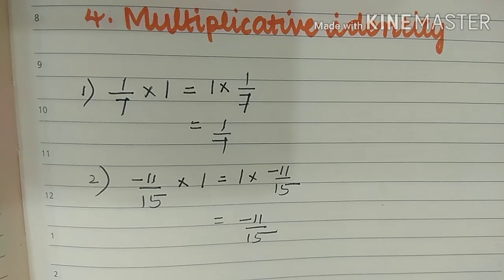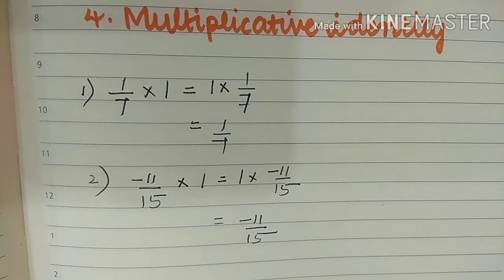In the first one, I have written 1 by 7 into 1, which is equal to 1 into 1 by 7. Why? According to the commutative property of multiplication, two rational numbers can be multiplied in any order. So 1 by 7 into 1 is the same as 1 into 1 by 7.